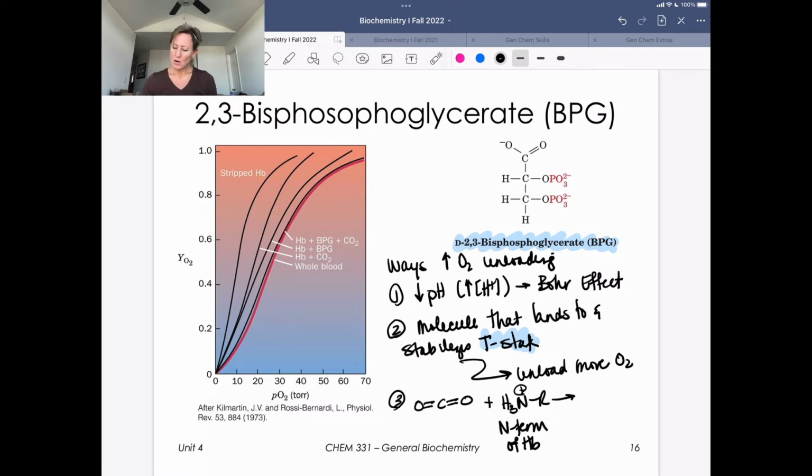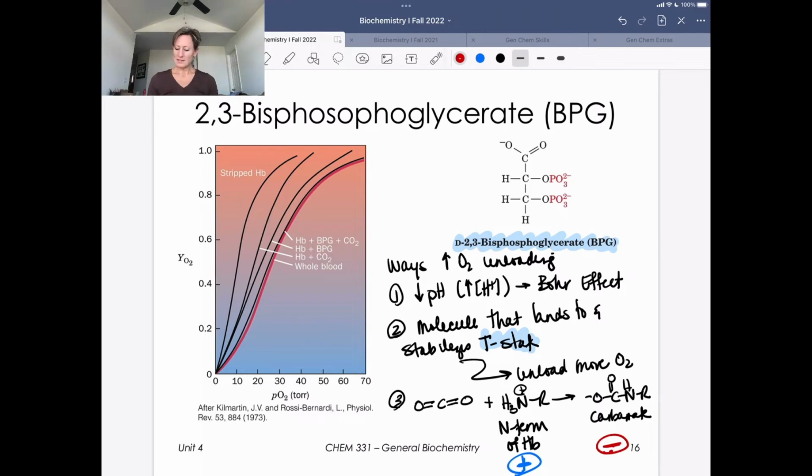What's going to happen is you are going to generate what's called a carbamate. Okay? So this is a carbamate. So you basically change the functional group on the end of your hemoglobin from something that was positively charged to something that is now negatively charged.